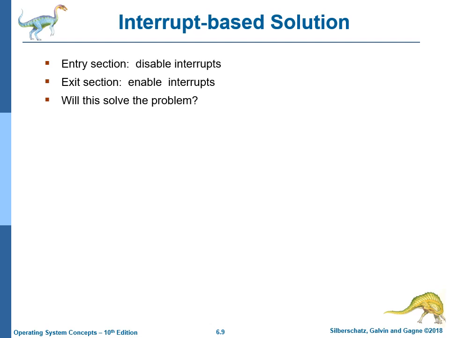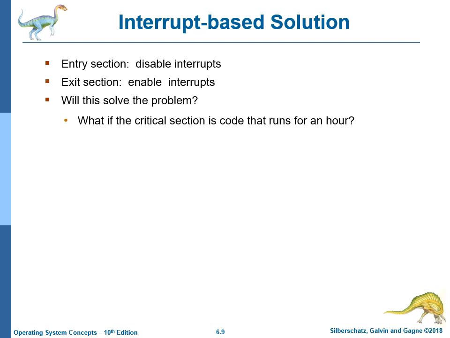So bila dia exit, proses tu dah buat critical section semua, bila dia dah masuk sampai exit section, baru interrupts will be enabled. So adakah itu akan solve the problem?